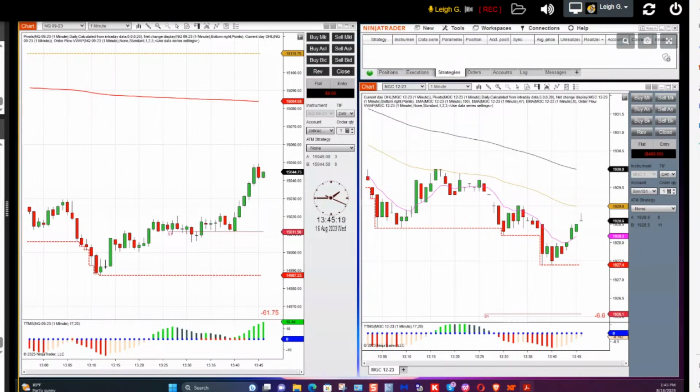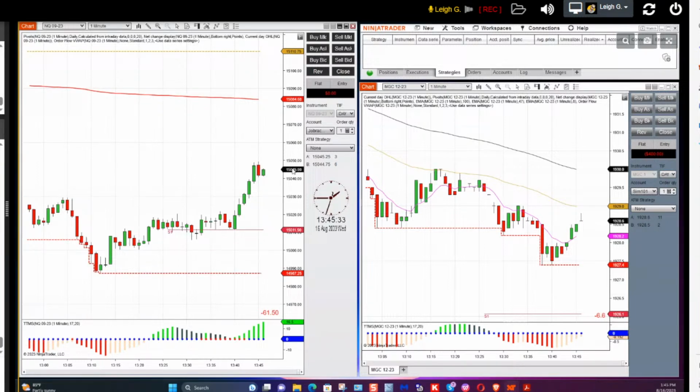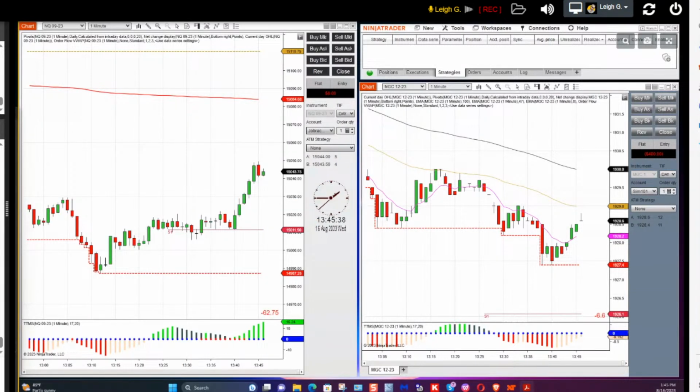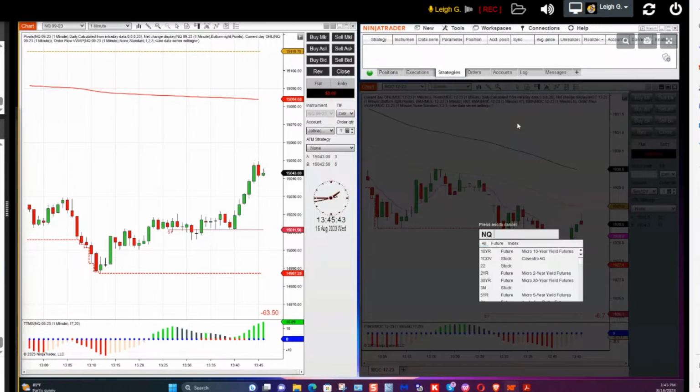But we've been trying to stick with reports that are giving us a good opportunity. So I don't mind sticking to that mantra, but we can certainly set up the two DMM setups. So the first setup that we could look at would be the NQ 0923.